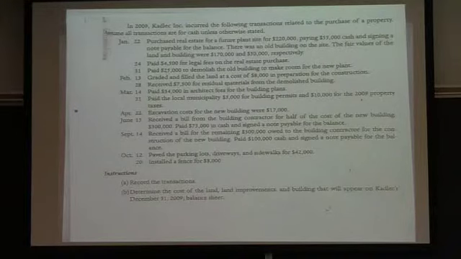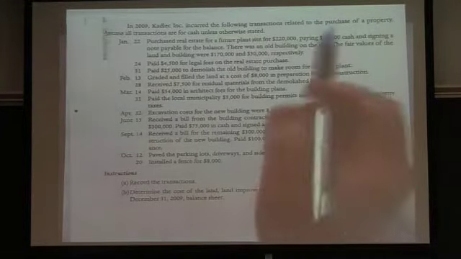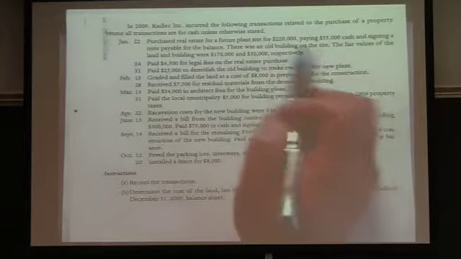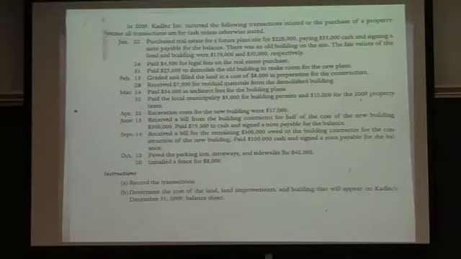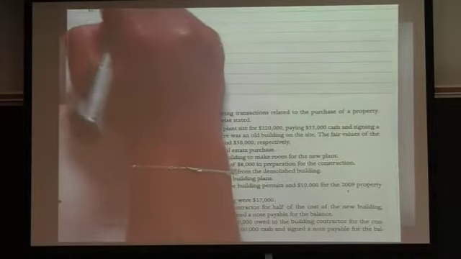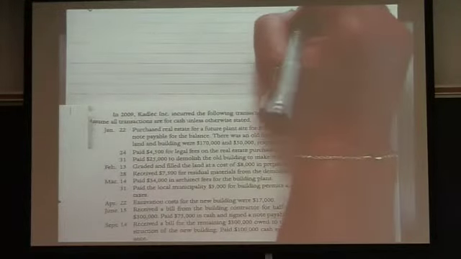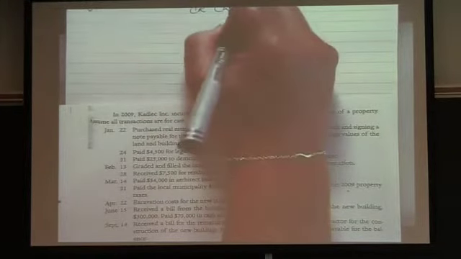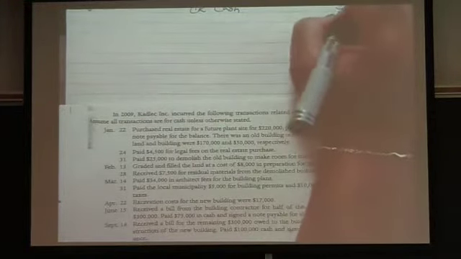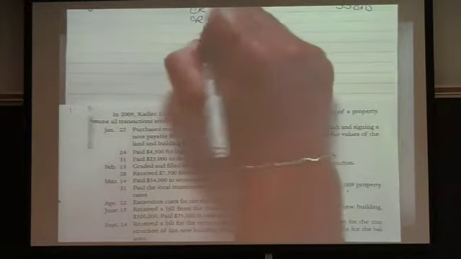So if the old building is not going to be used for this future plant site, then the entry for January 22nd is we're going to debit land for the entire cost, and we're going to credit cash for the amount paid, and the remaining difference is notes payable.